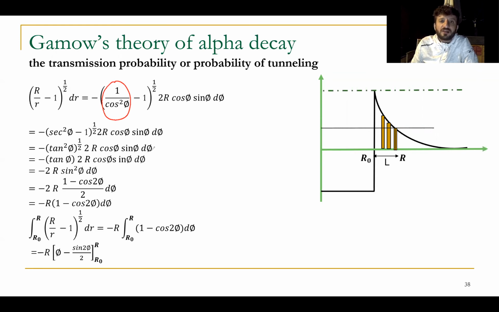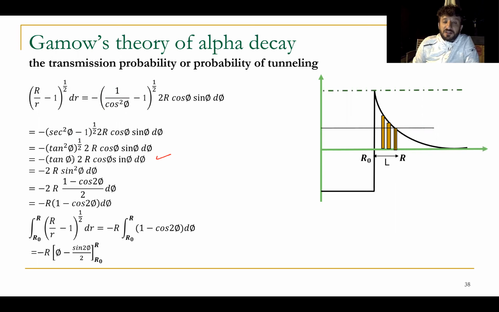Okay, and we write the equation. Here we have tangent square phi power half, like x squared, we get x. So we have minus tangent phi, we get out of half, and we put the rest.